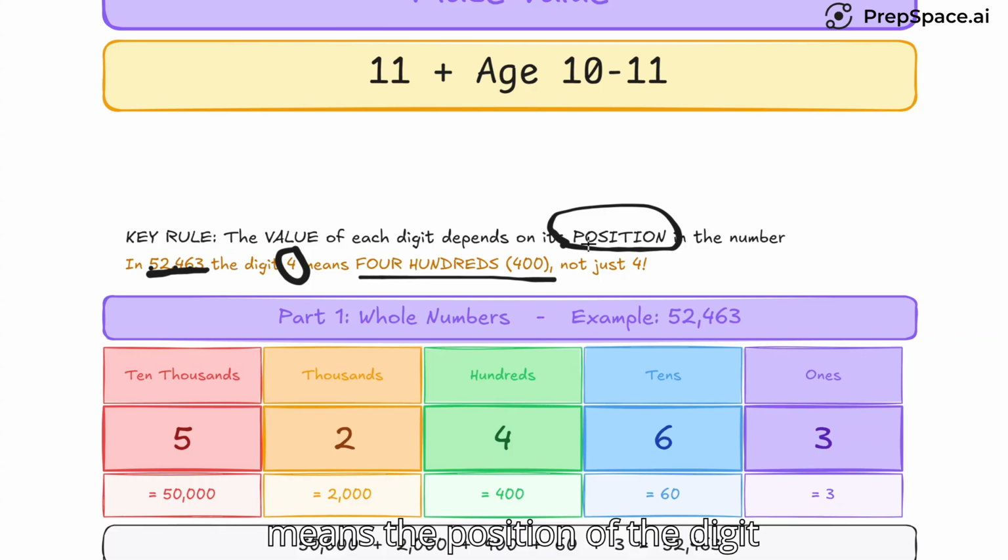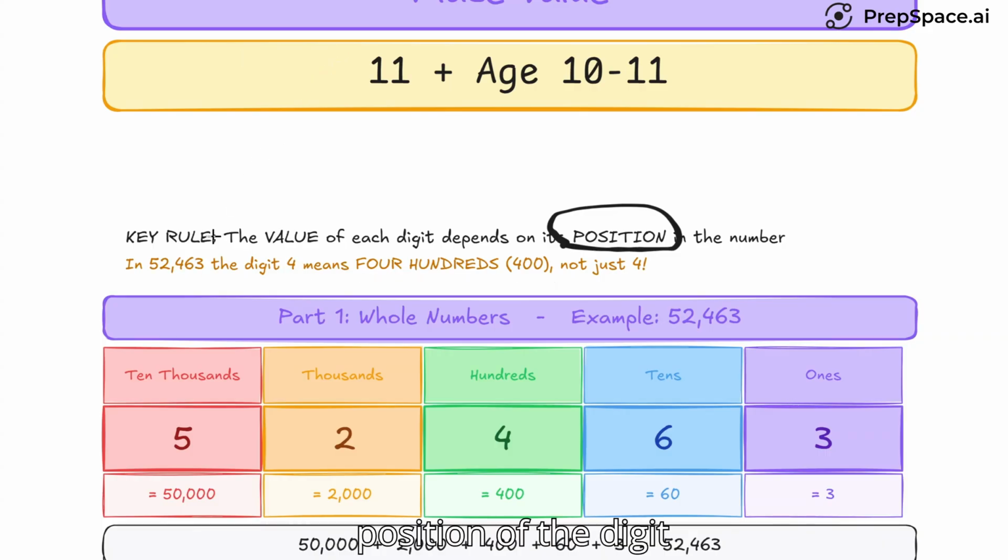So the position of the digit 4 is 400. And just like that, the position of the digit 3 is 3. The digit 4 is 400. 6 is 60, where I read 463. And just like that, 5 is 50,000 and 2 is 2,000.